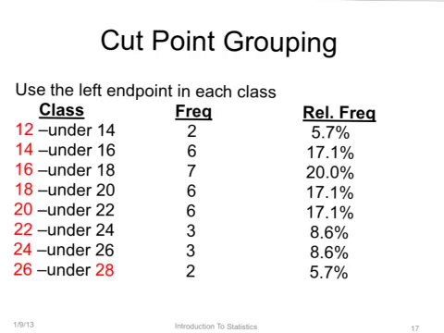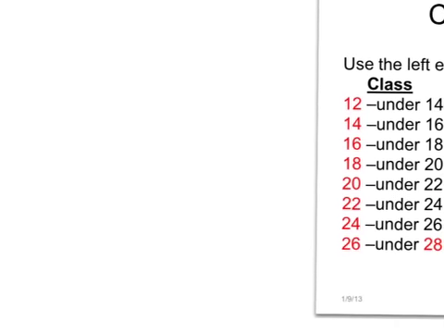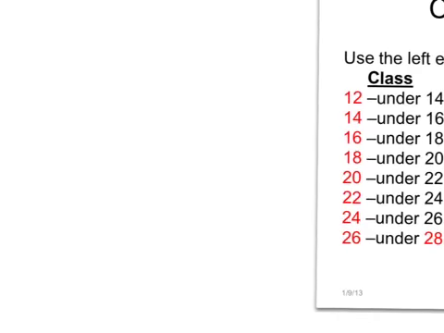And that is using our cut point grouping, and here I'll just use the classes and the counts for this one. So what I will do is move this over, make a little room, and again to work with the horizontal axis, it's going to work the exact same way.